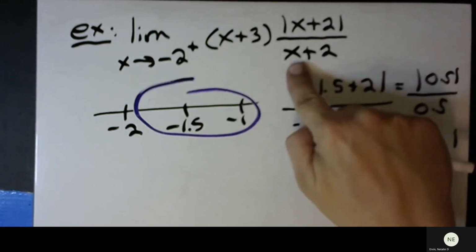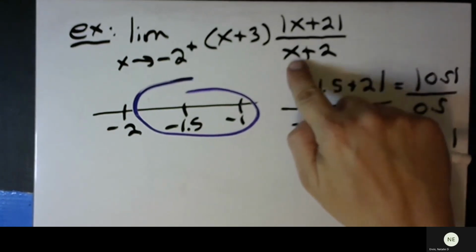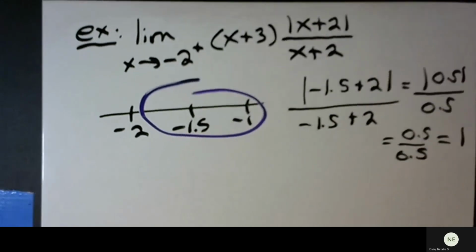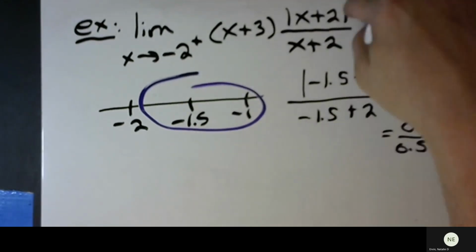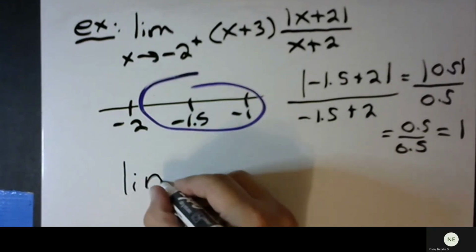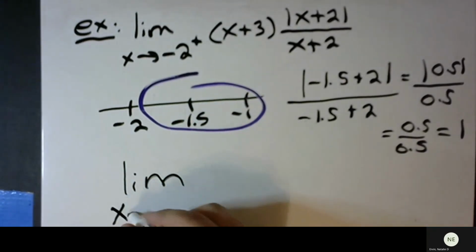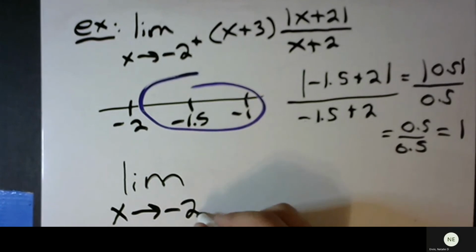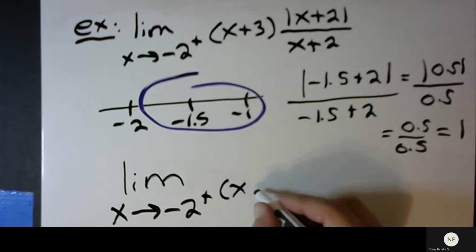So if we just substituted -2 in here, -2 plus 2 would be 0. So we're looking for a cancellation, but this will become a 1 instead of a -1 like last time. So we're going to get this.